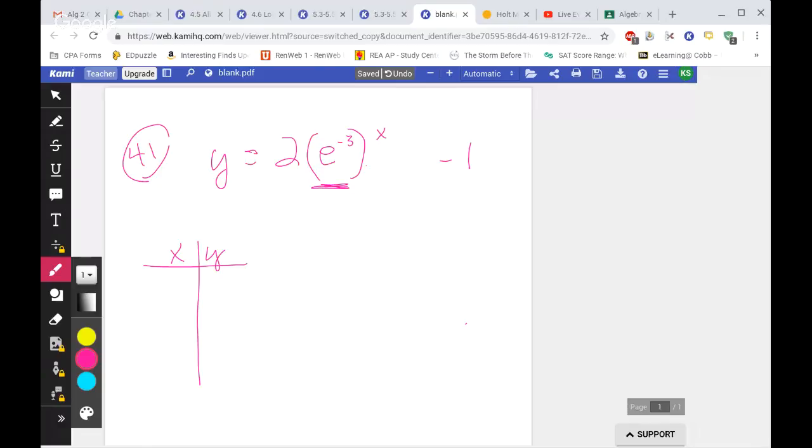Does that make sense? So we've got 2 times e to the negative 3.